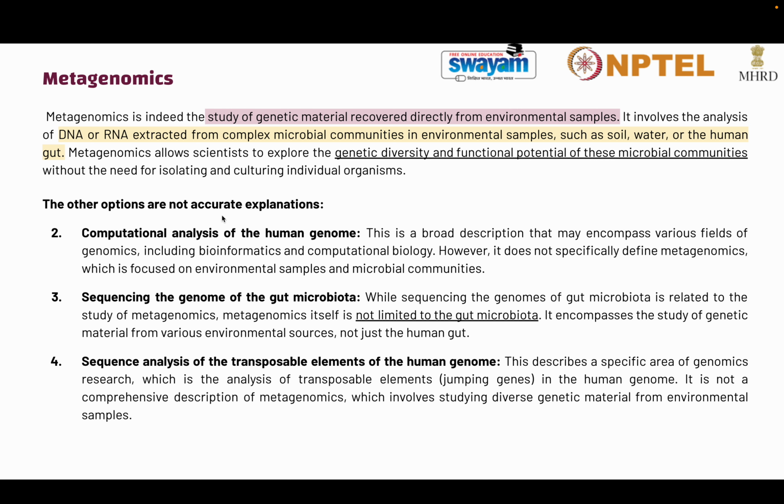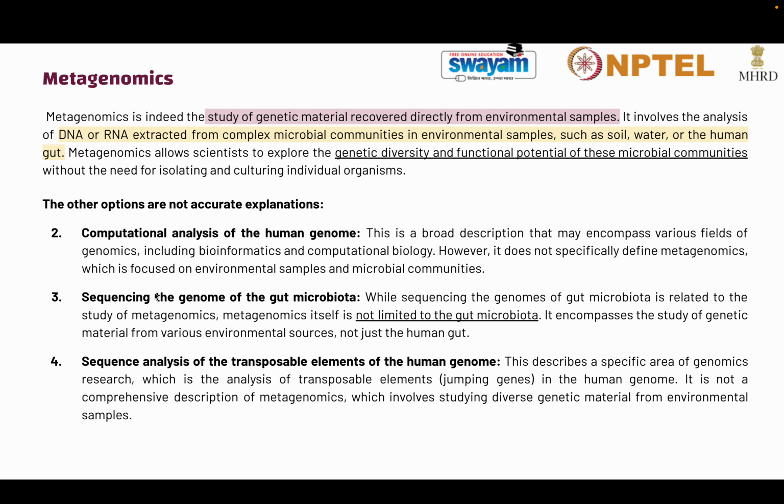So why were the other options not accurate? Option 2 was computational analysis of the human genome. When we say metagenome, it generally refers to the multiple genomes that are being studied and not just the human genome. That's why this option was not correct. Then sequencing the genome of the gut microbiota.